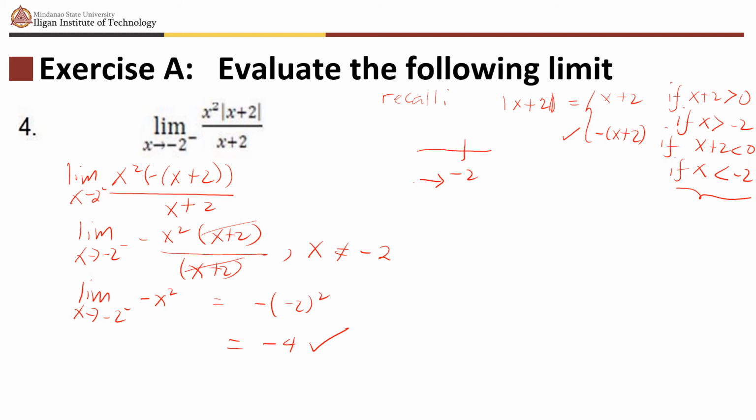So the limit of x squared times the absolute value x plus 2 all over x plus 2 as x approaches minus 2 from the left is equal to negative 4.